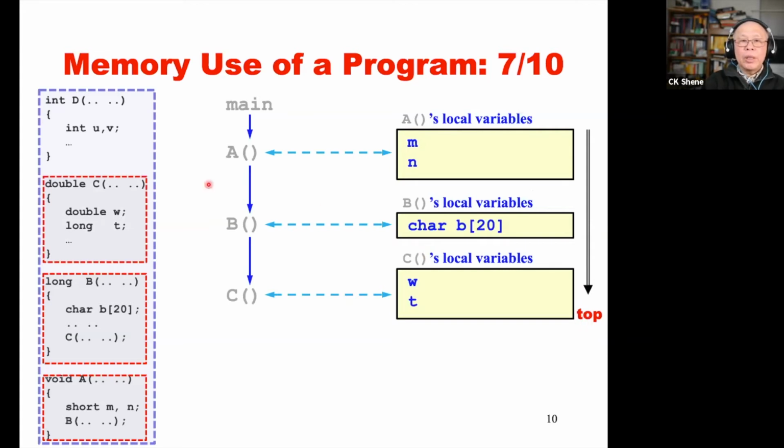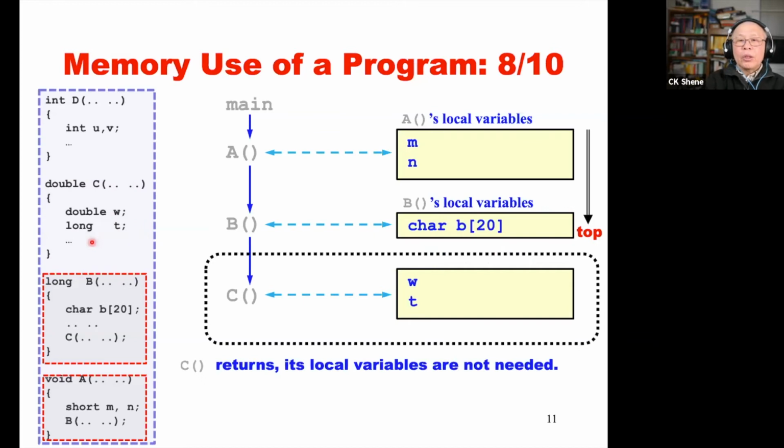Now we are in C. Suppose C does not call any function, and after doing something, C returns. The area originally occupied by C's local variables is not needed, so it can simply be freed, and the top pointer goes back to where B was.